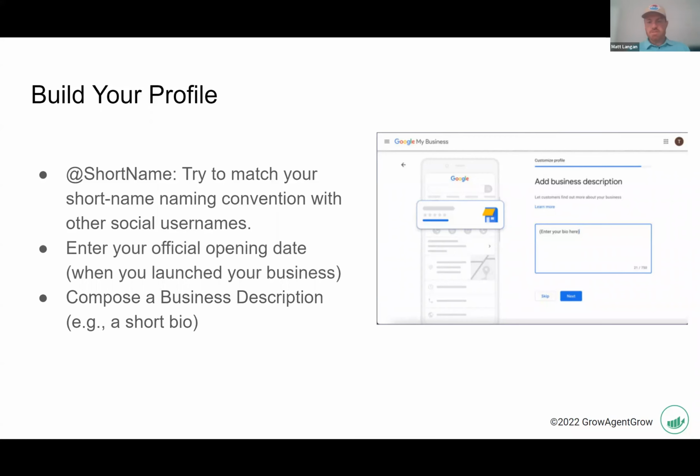And then a business description. And this is a great opportunity, guys, for you to build in, I know most of us, we're agents, right? We don't like to write, but Google gives us some opportunity here to put together a nice business description. Maybe you already have one written for your website, and you have the ability to insert targeted keywords.